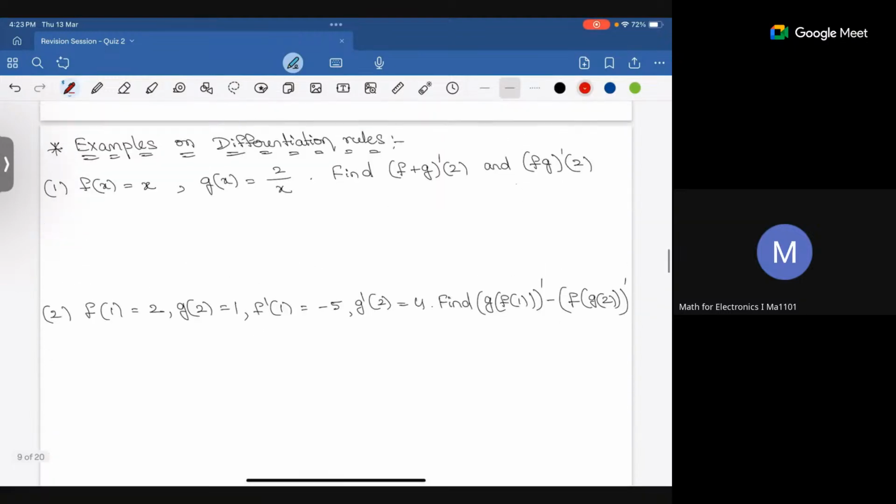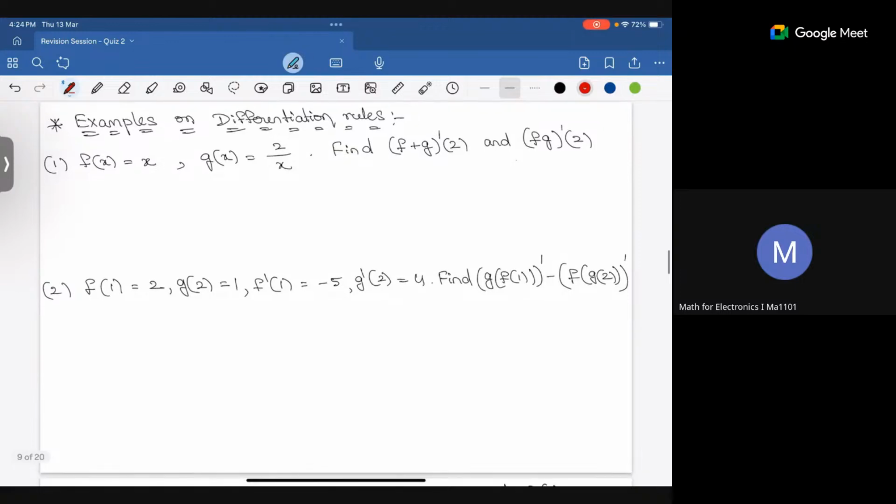Okay, now let's do a bunch of examples. Let's say we have f of x is x and g of x is 2 by x. Now what we have to find is the derivative of the sum function evaluated at 2, and also the derivative of f into g at 2.